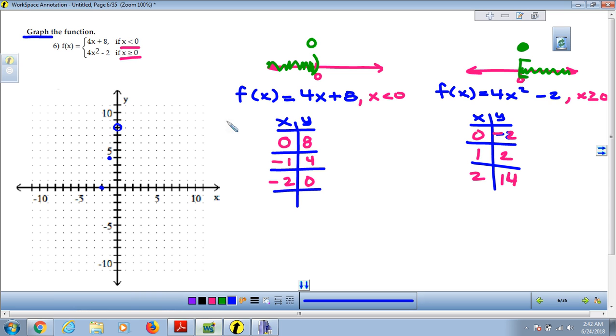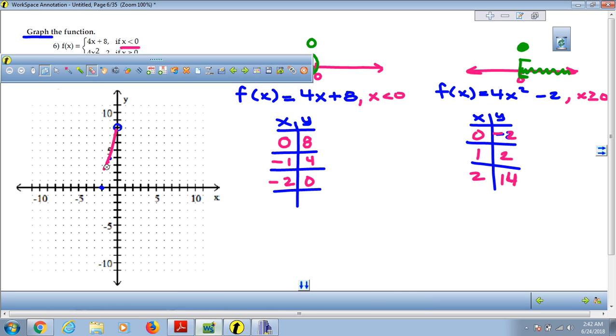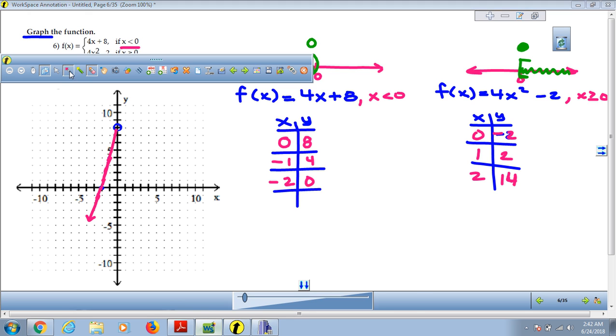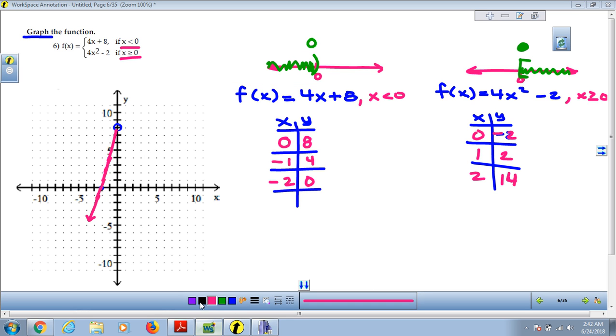It's a linear equation because the highest exponent on the x from the equation is a 1. So let me use this other color. There's my line.